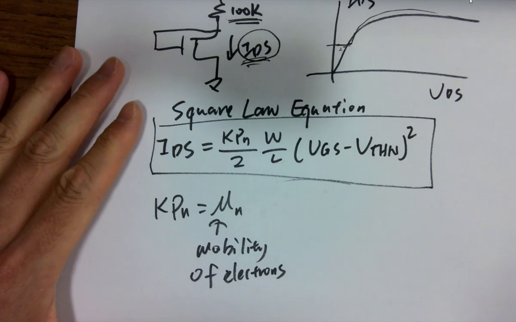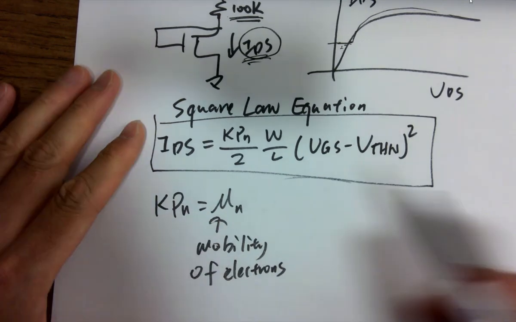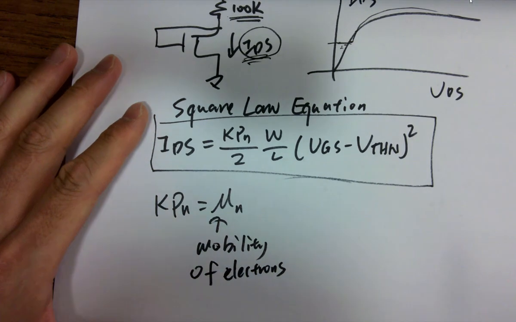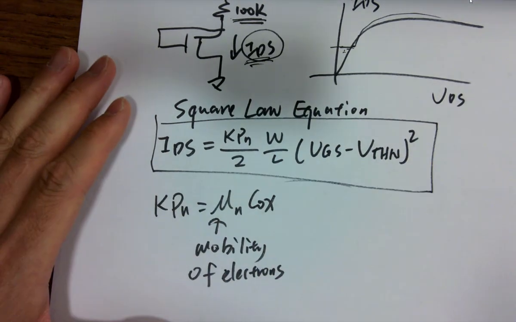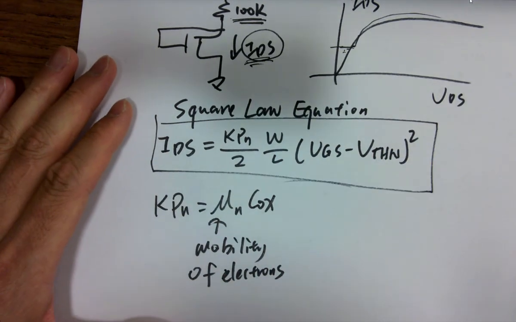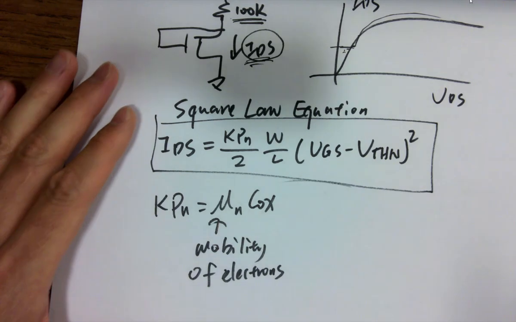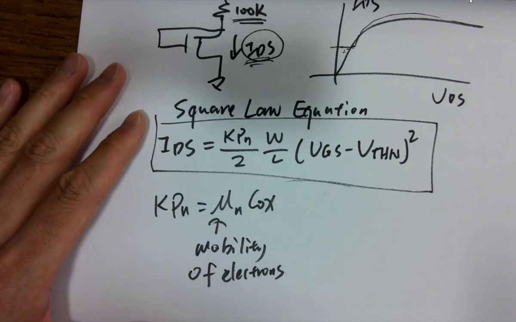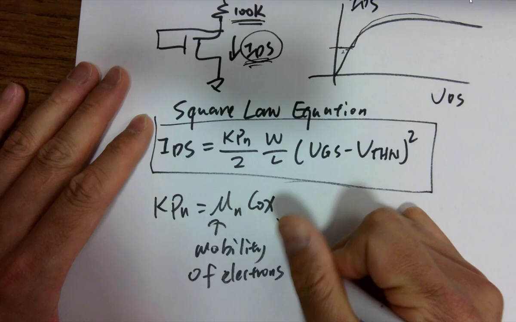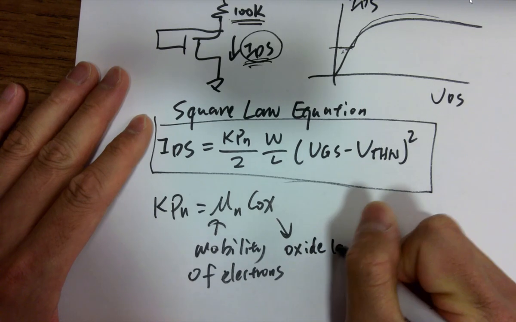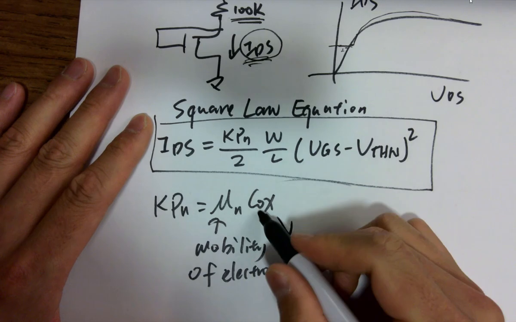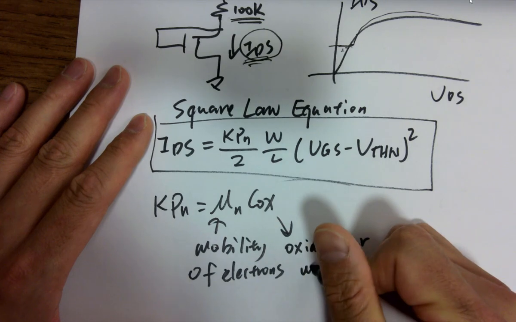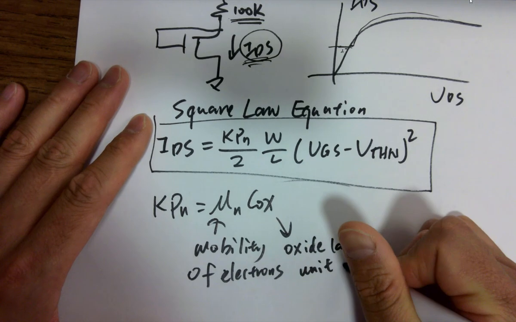And then the mobility will be higher. It's a constant, determined by the process. The oxide layer's capacitance is called COX. I think this is the unit capacitance.